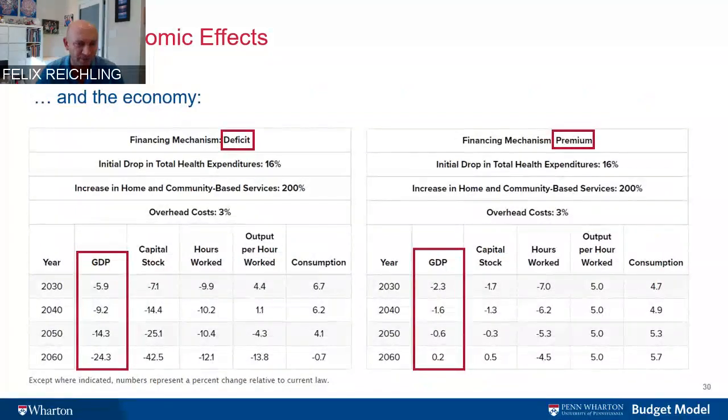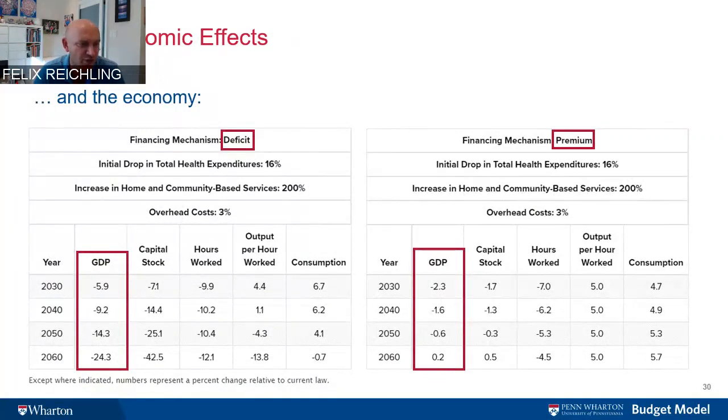The economy also would look better under premium financing than under deficit financing, and that is almost entirely due to the deficit results. Higher deficit typically in these models has a big effect on capital stock. It's called crowding out.